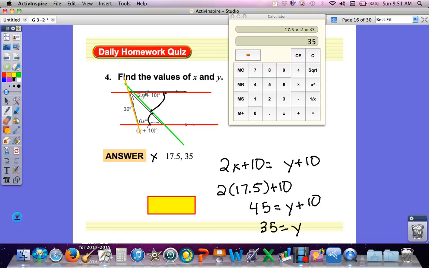Notice they did not ask me which theorem I was using, but once again, to do 2x plus 10 plus 30 plus 6x equals 180, I'm using the consecutive interior angles theorem, where these are going to equal 180. And then once I solve for x, I could use the alternate interior angles formed by the red parallel lines and the green transversal. I hope this has helped you with lesson 3-2.